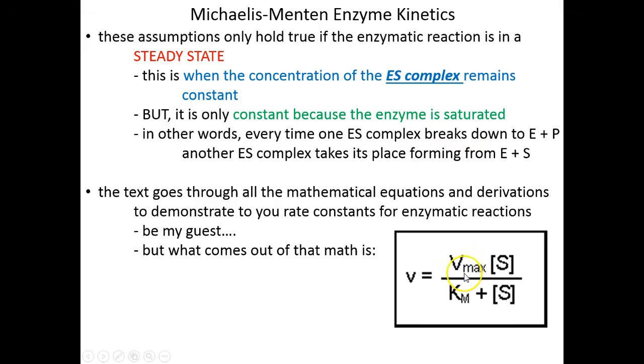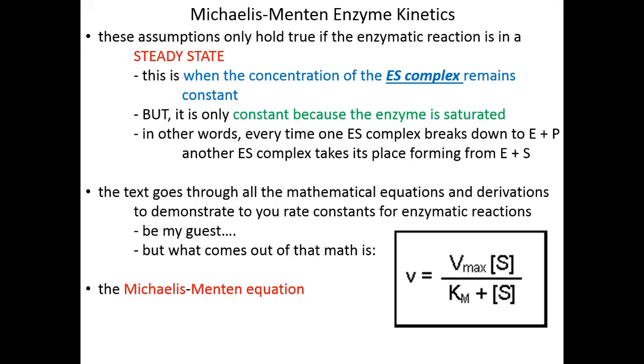Enzyme X has a known Vmax that you could look up or be given. Enzyme X has a known Km that you could look up or be given. And you know that you're interested in the substrate concentration of 10 micromolar. So the Vmax of enzyme X times 10 micromolar divided by the Km of that enzyme X plus 10 micromolar will give you the velocity of that enzymatic reaction when the substrate concentration is 10 micromolar.